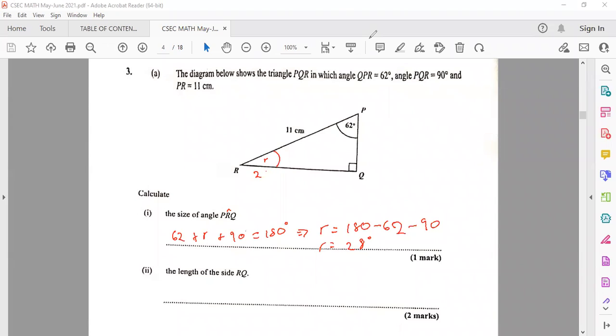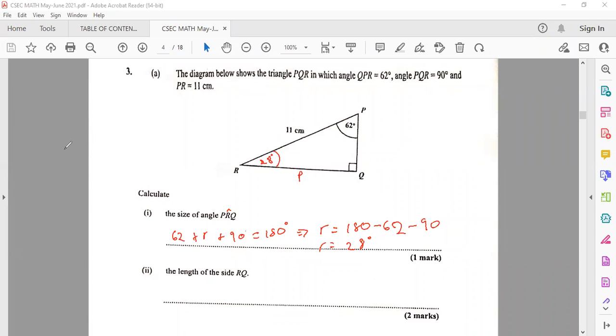All right, so now we have that 28 degrees. So we want the length of side RQ. We could use several theories, but the one that we are going to use, let's call the length RQ little p.